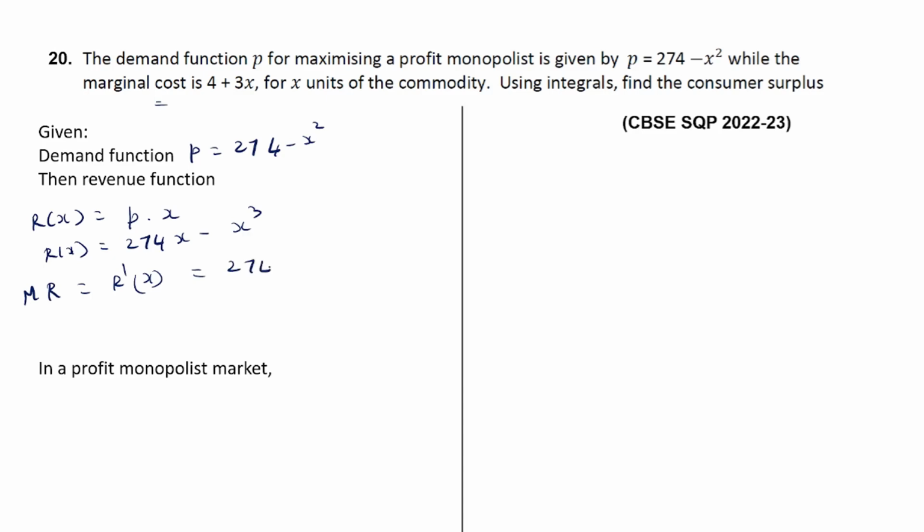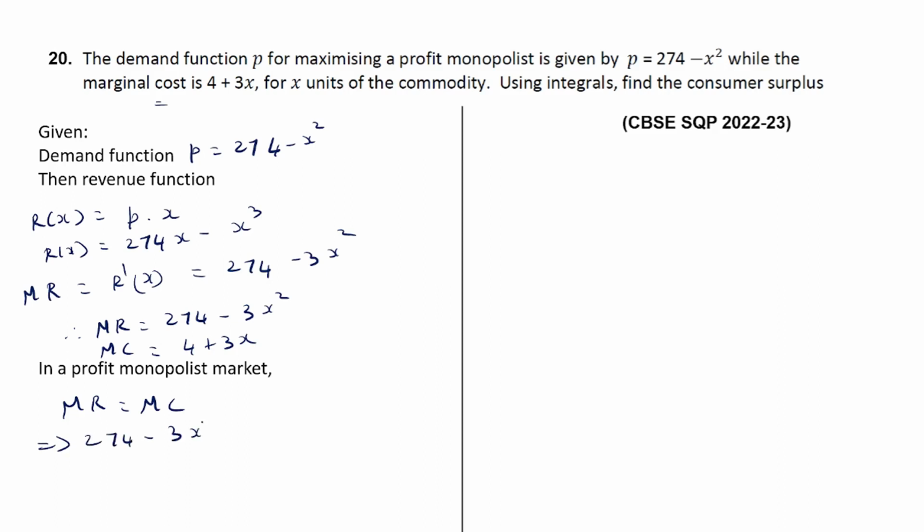So it is 274 minus 3x square. Therefore, marginal revenue equal to 274 minus 3x square. Marginal cost is given as 4 plus 3x. For a profit maximizing monopolist, we have marginal revenue equal to marginal cost. From this we have 274 minus 3x square equal to 4 plus 3x.